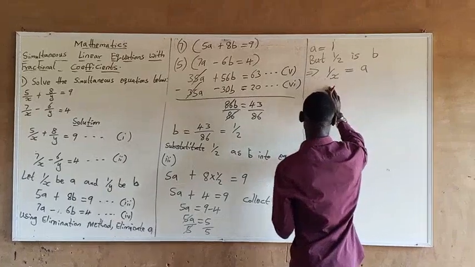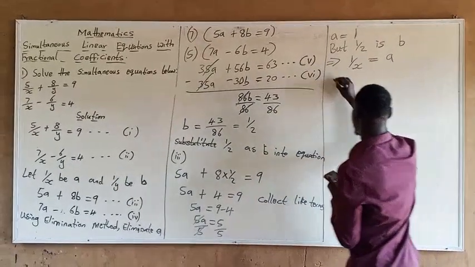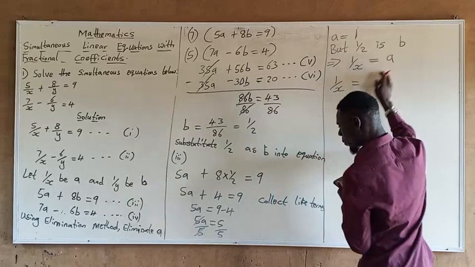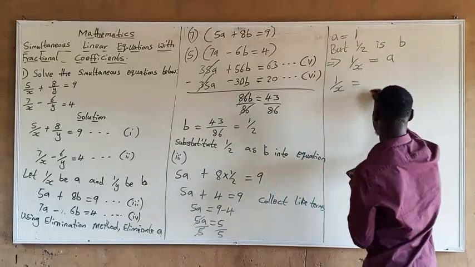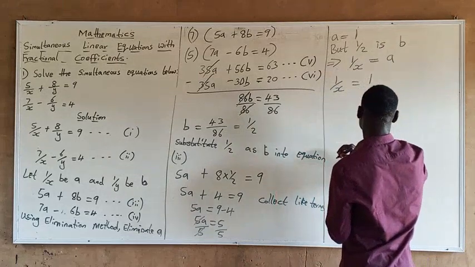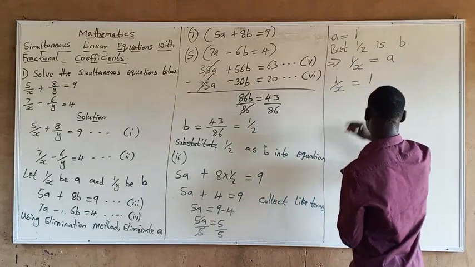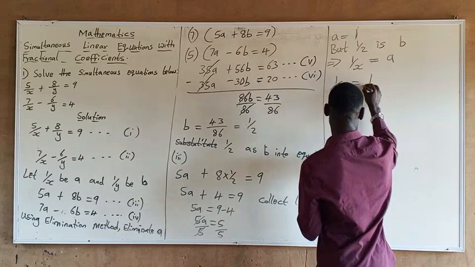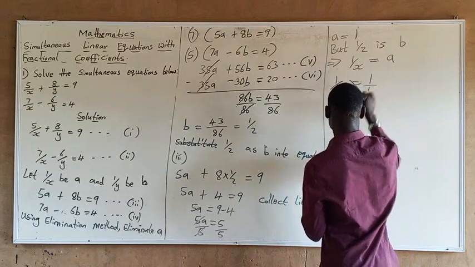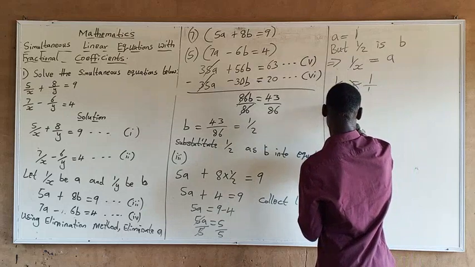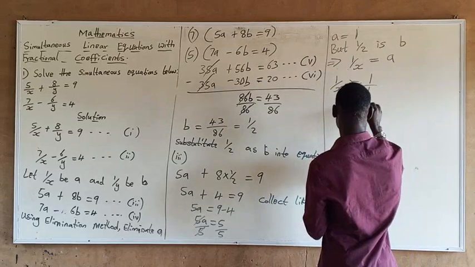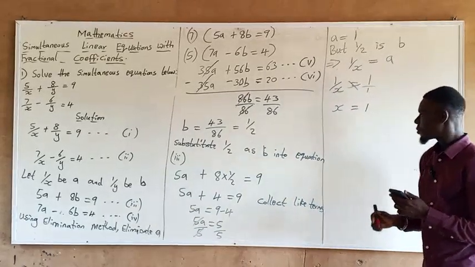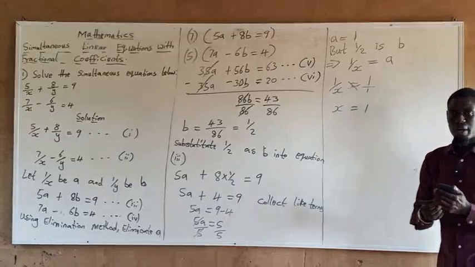And anywhere we see our a, 1 over x is equal to our a here, which is 1. We have something like this. We cross multiply. We have x is equal to 1. X is equal to 1.